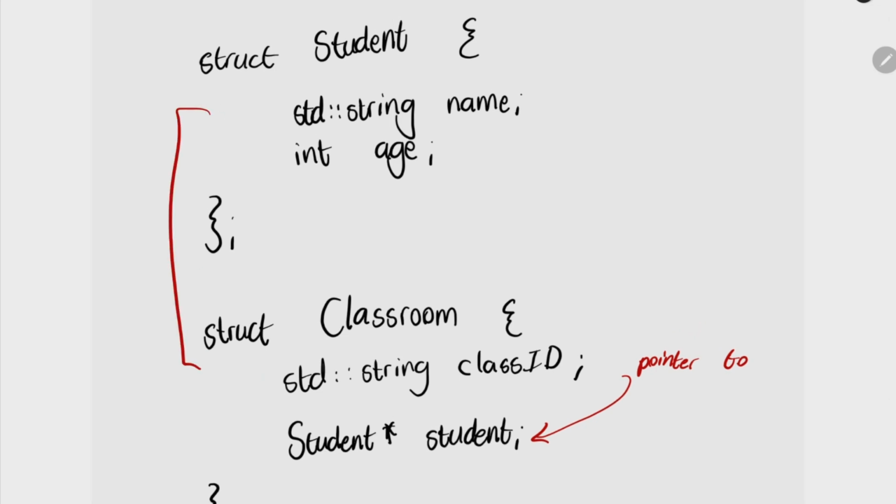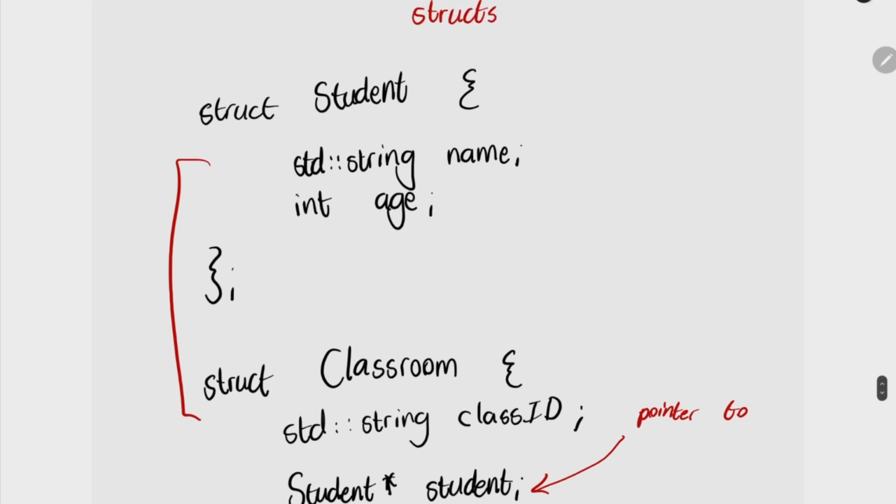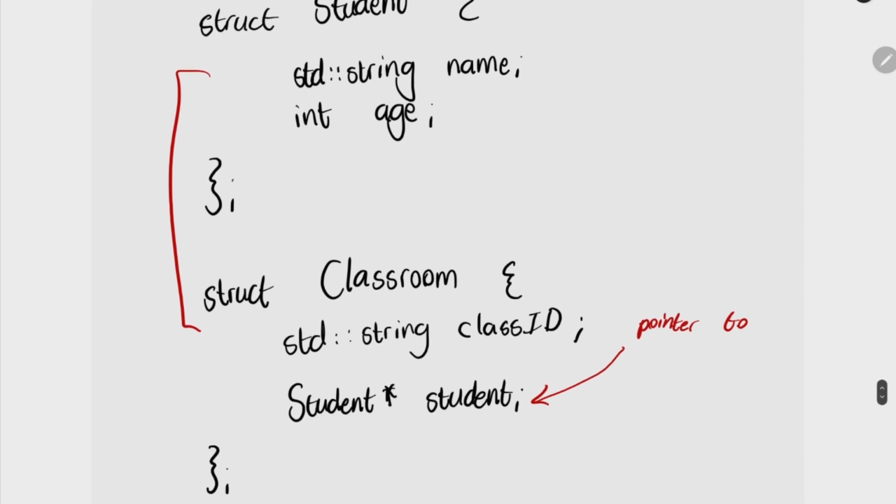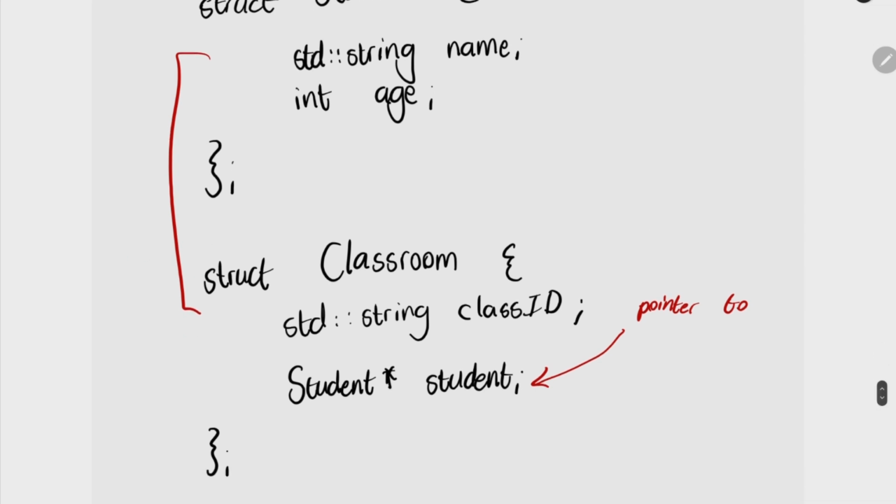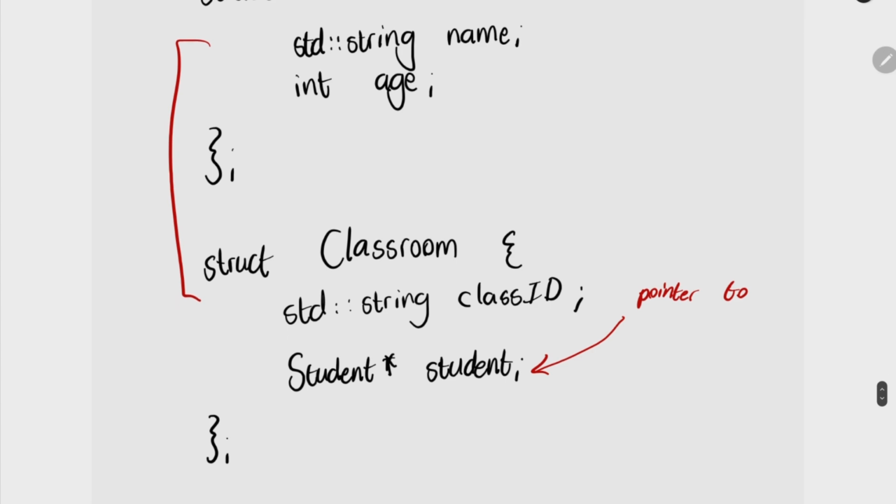The reason it has to go after this is, assuming these declarations are not in different header files, assuming they are all in the same file, classroom would have to go underneath student, because it makes use of the student struct, right?